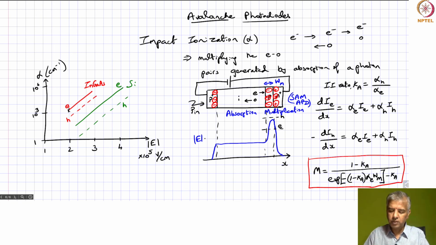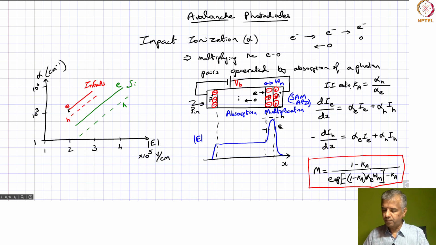And how do you control the electric field? By controlling the bias voltage, the V bias. So by controlling V bias, you can control alpha E, and Wm is a parameter that you design up front. It's a relatively small value, smaller than the width of the intrinsic region typically.